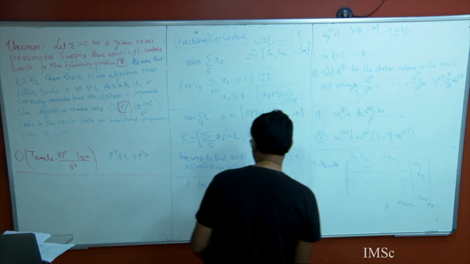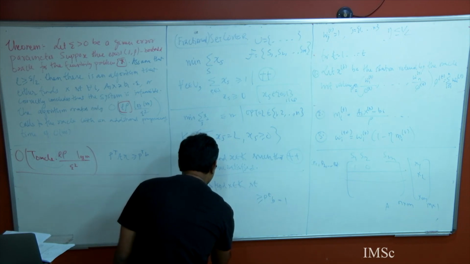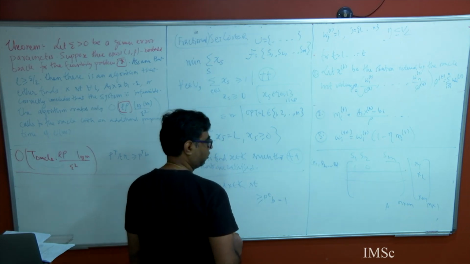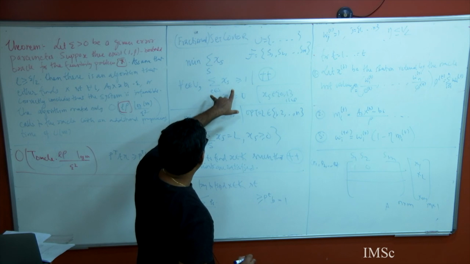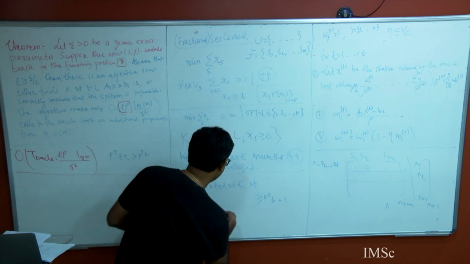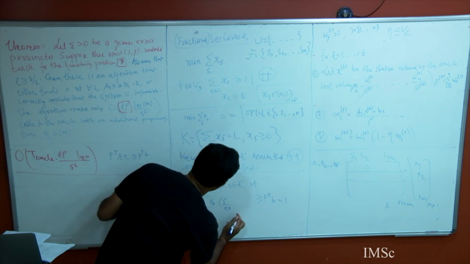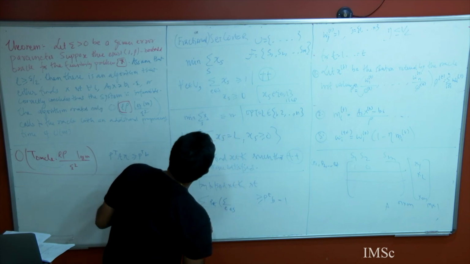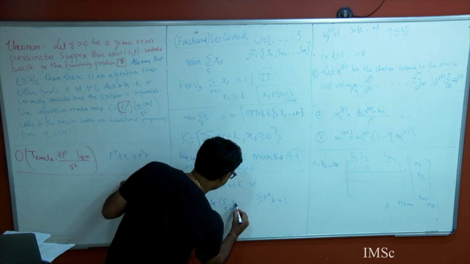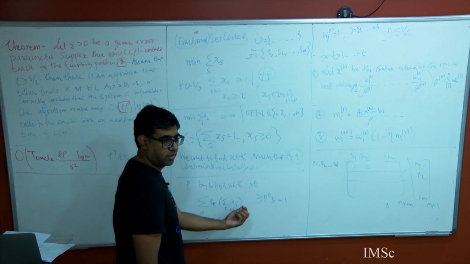So basically this I can write as summation over E, P_E times this, summation E in S, so I fix P_E, E in S, X_S. Do you agree? This is exactly what it is.